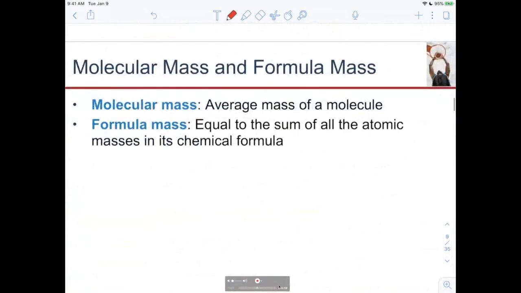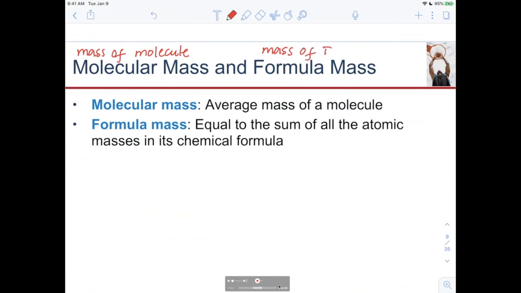So we're moving on. Now we're dealing with molecular mass or the mass of a molecule. The molecule usually refers to a molecular compound, or a compound made up of nonmetals and nonmetals. Formula mass usually refers to the mass of the formula, but what mass?